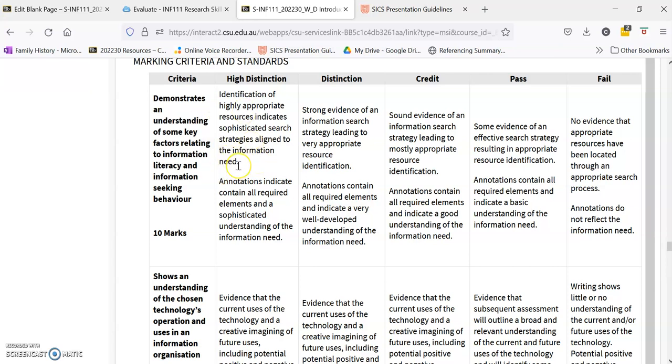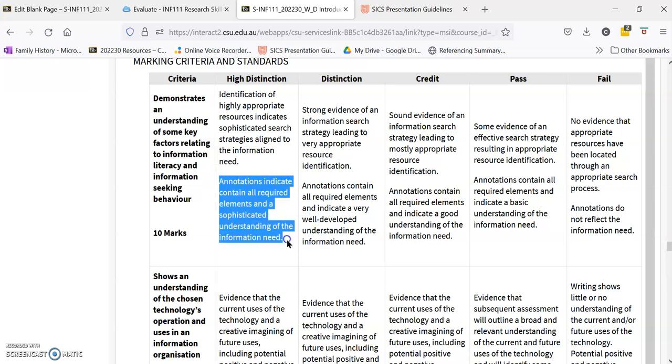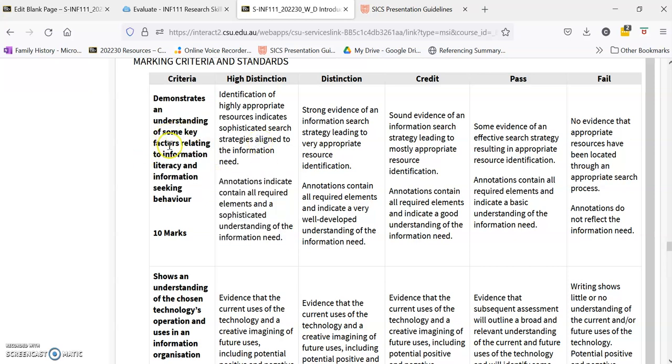So this first part is centered around your annotated bibliography. It's talking about the resources you've chosen, and it's talking about the way you have annotated them. All right, so that's the factors relating to information literacy and information seeking behavior, that you have done good searches, come up with good resources, and provided good annotations.